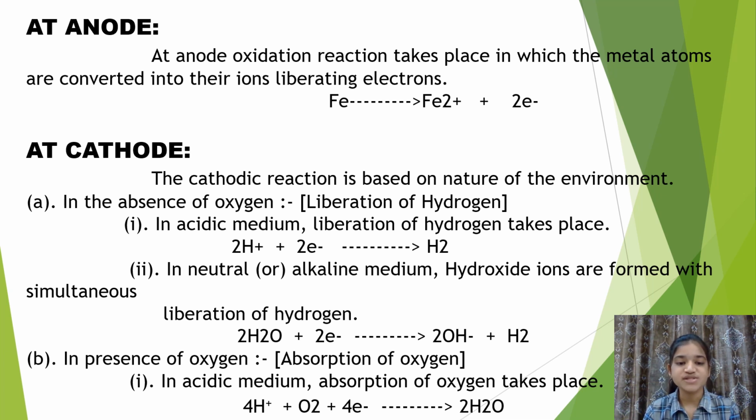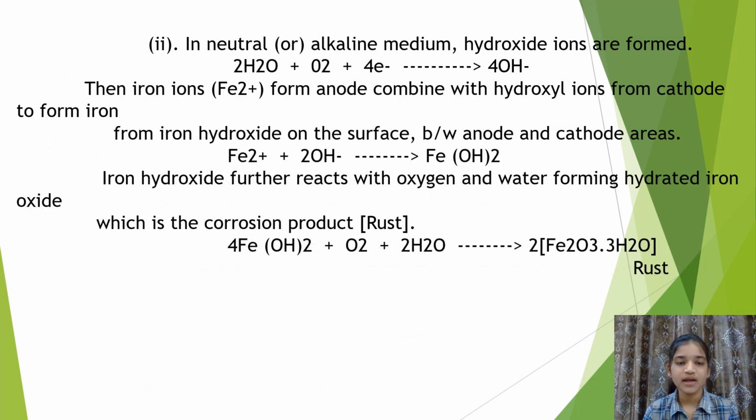In the presence of oxygen, absorption of oxygen takes place in acidic medium: 4H+ plus O2 plus 4 electrons gives 2 molecules of water. In neutral or alkaline medium, hydroxide ions are formed: 2H2O plus O2 plus 4 electrons gives 4 hydroxide ions.